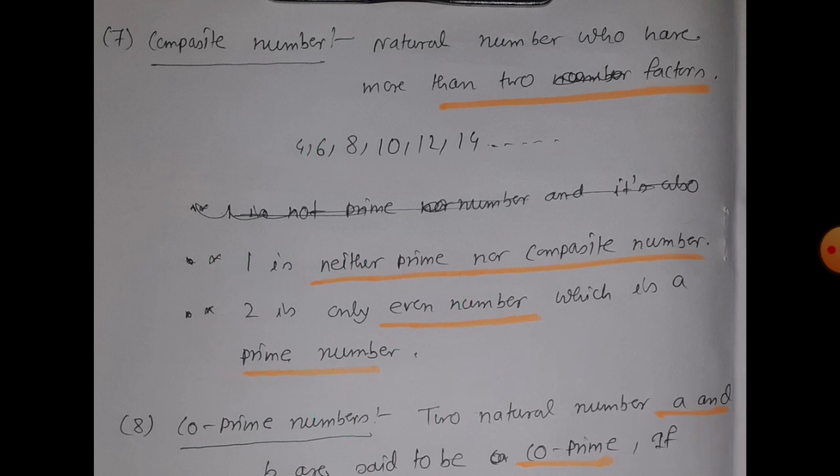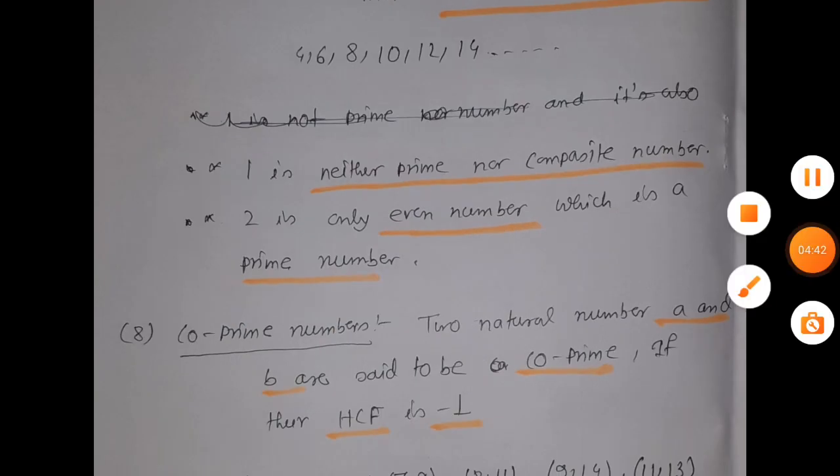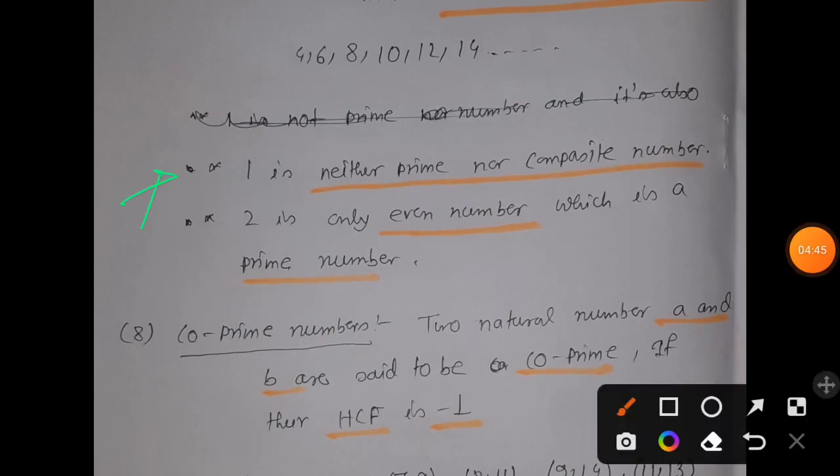So any natural number which has more than two factors is a composite number. But one interesting thing, 1 is neither prime nor composite number, okay? But 0 is an even number, remember it, okay? And 2 is the only even number which is a prime number, okay?